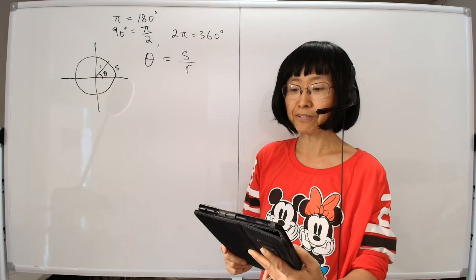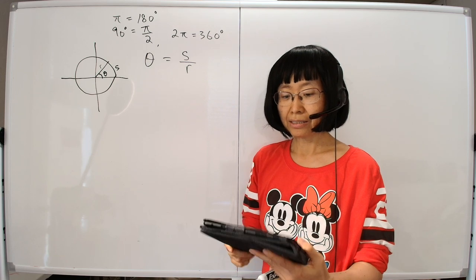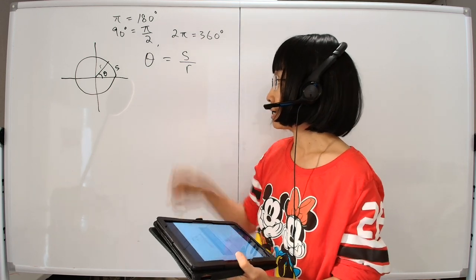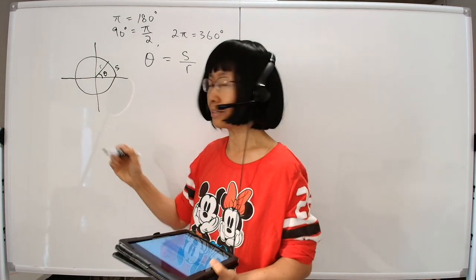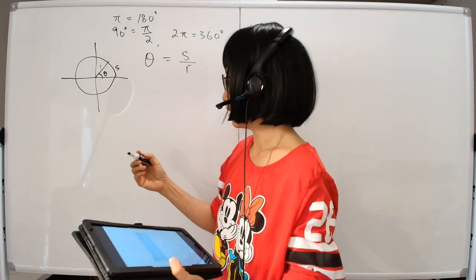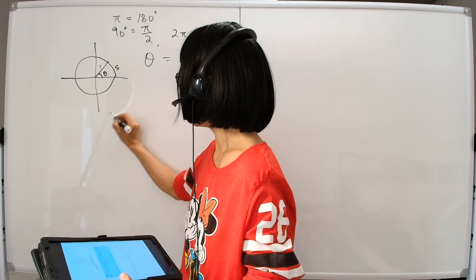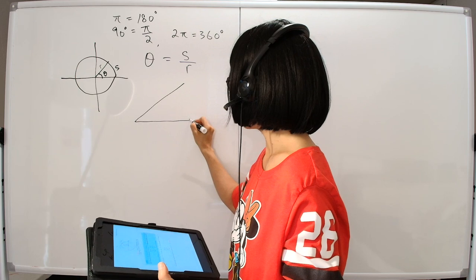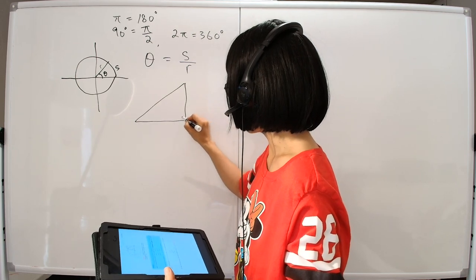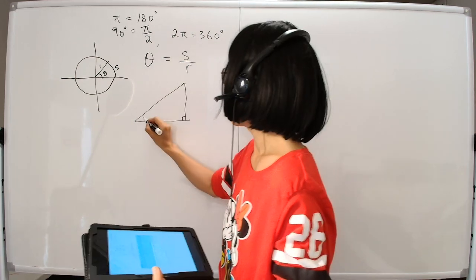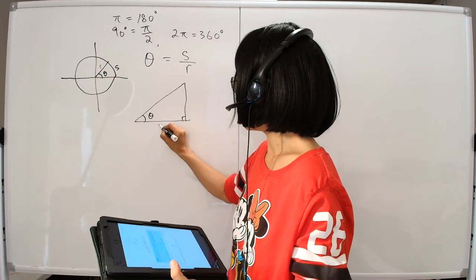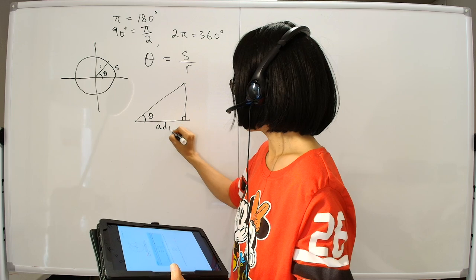So let's move along and get to the sine and cosine, which are far more interesting. For the definition of sine and cosine, you first draw your triangle. Here's some triangle that I just made up, a right angle triangle, and here's your theta, and this is called the adjacent of theta.